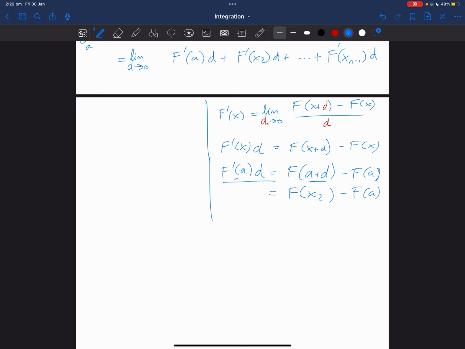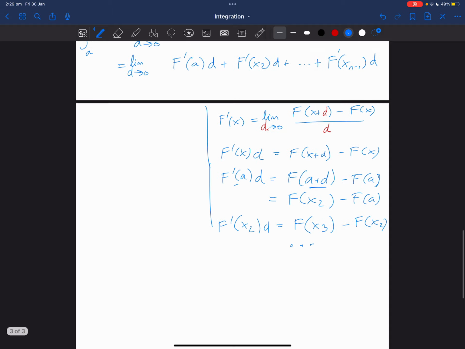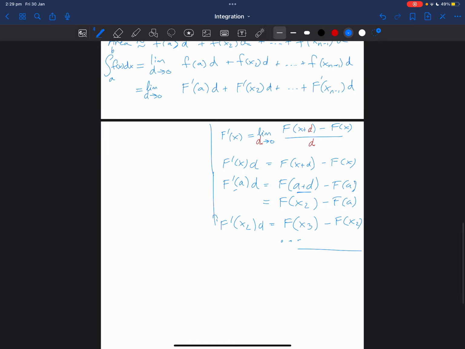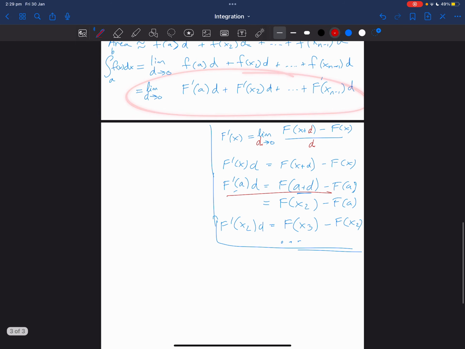And this will be true for all of them. x2 plus d, or x3, minus f of x2. And you can sort of see the pattern. And so we can use these substitutions and put them into our integral that we're working on here.